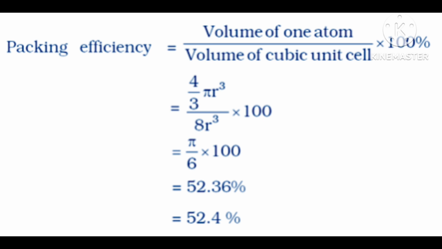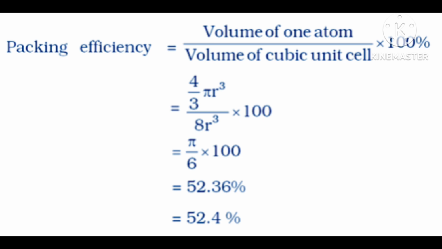Then these 2 volumes you will utilize in the packing efficiency formula. Like the other 2, here also packing efficiency is equal to the volume of 1 atom, that is the volume of 1 sphere, divided by the volume of the cubic unit cell, multiplied by 100 because you want the value in percentage.